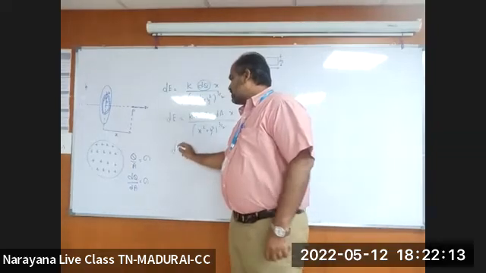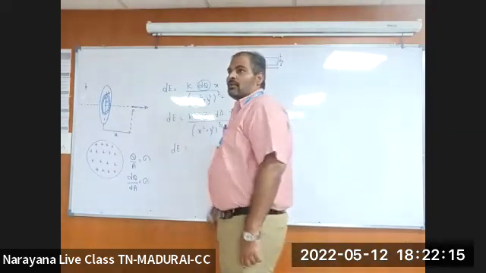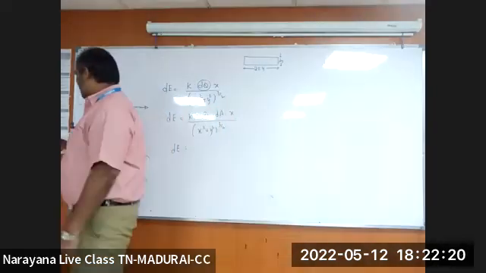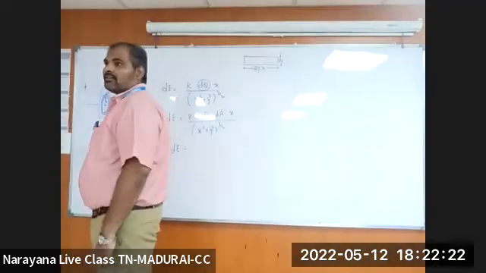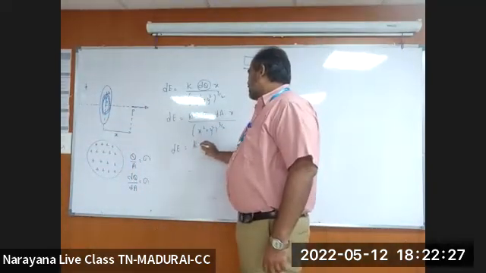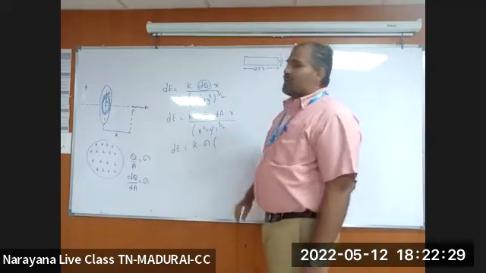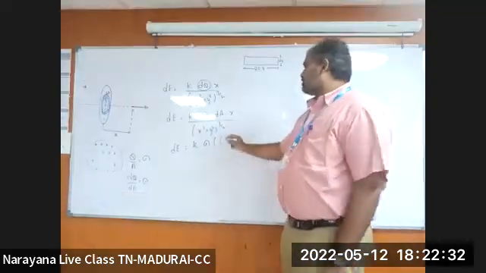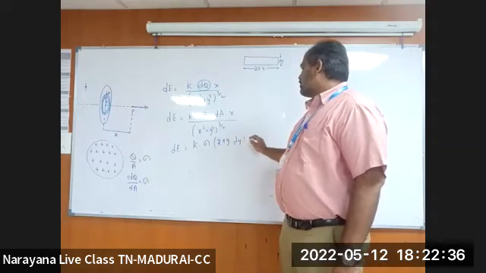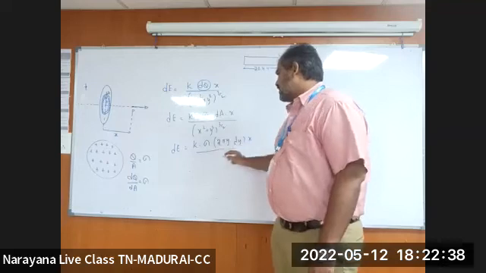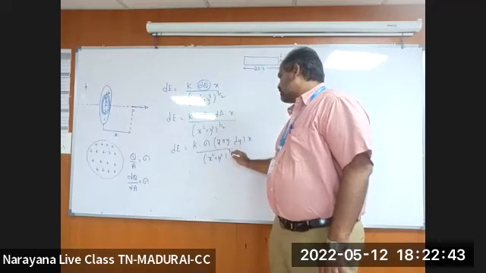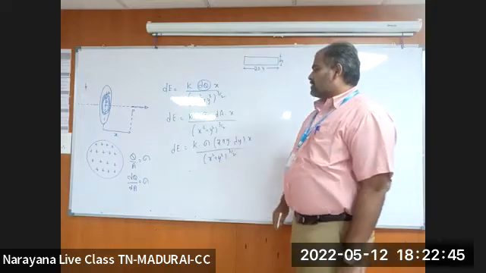What can I write? dE is equal to K into sigma into the area of the elementary ring, 2 pi y dy. Very good. 2 pi y dy into x, divided by x square plus y square, whole power 3 by 2. What is the next job?